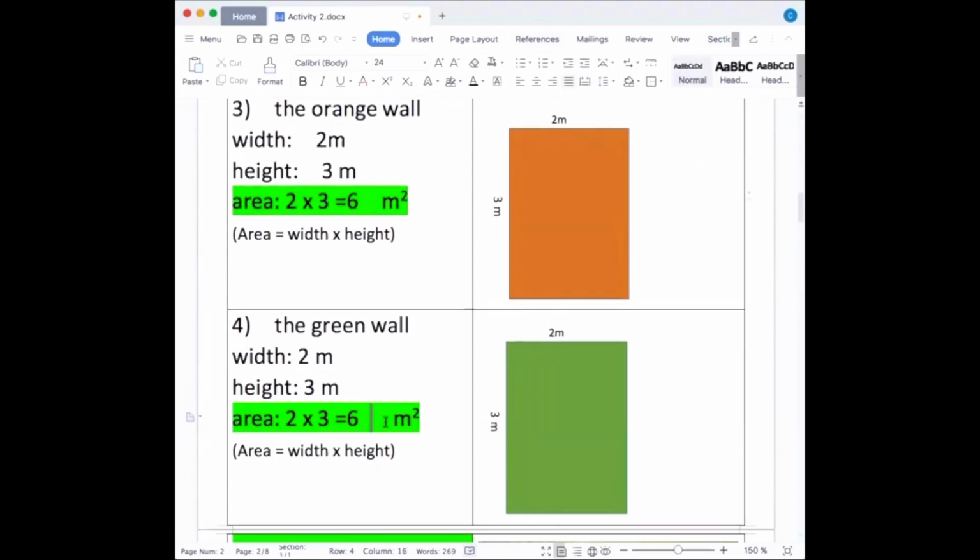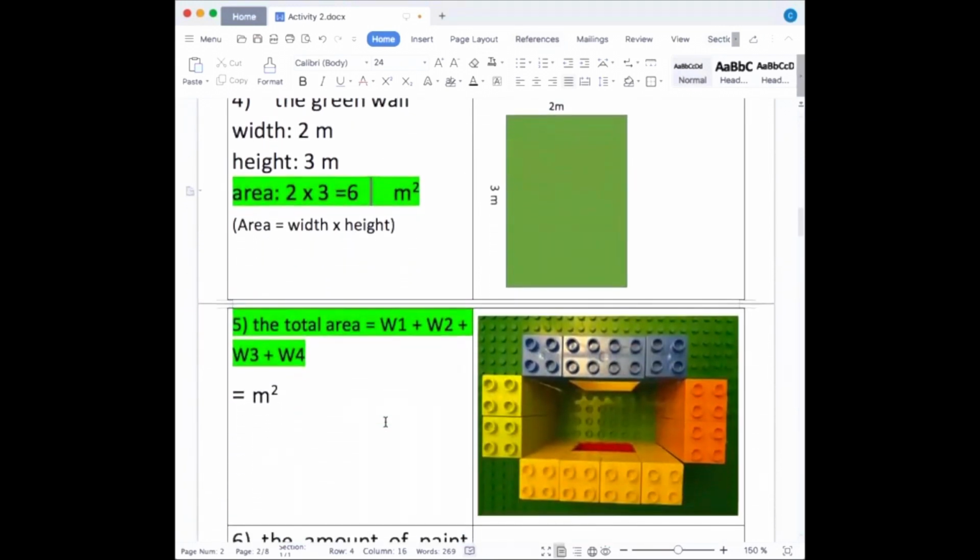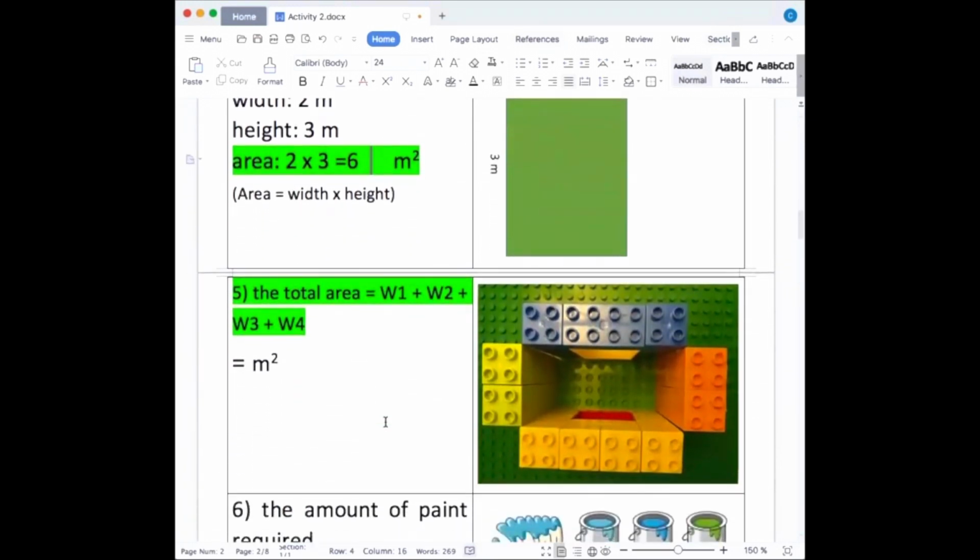Okay, so next, we need to calculate the total area. That means the blue wall, the yellow wall, the orange wall, and the green wall. So we will add them together. The blue wall is 7 square meters.